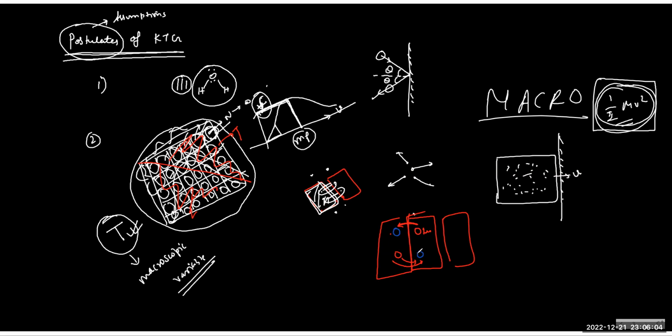Yes, sir. And the same configuration is repeating throughout the volume. And because there is a steady state distribution of velocity across the entire container, and this is a final distribution, for such a scenario, you define temperature. You don't define temperature when the distribution varies across the volume.